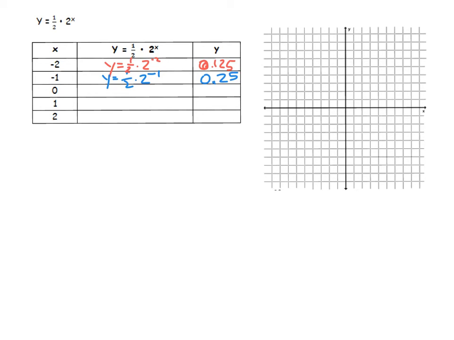Okay, so we're going to have y equals 1/2 times 2 raised to the 0 power. Anything raised to the 0 power is the number 1. So what we have here is 1/2 times 1, which is a half.